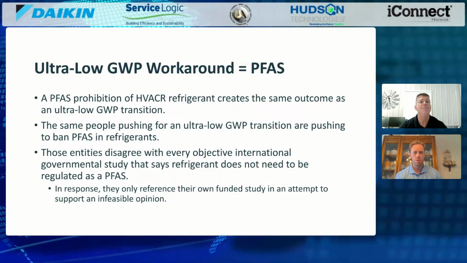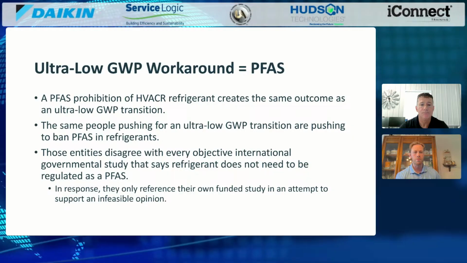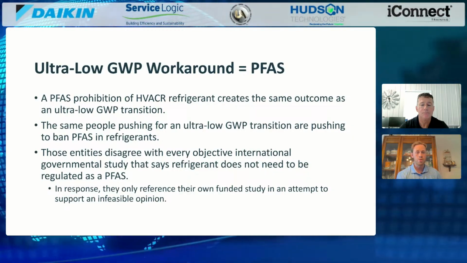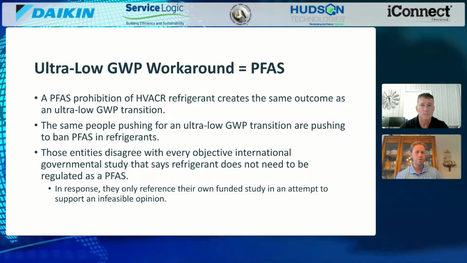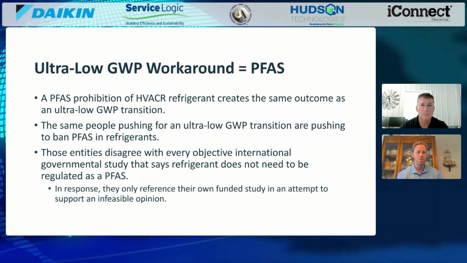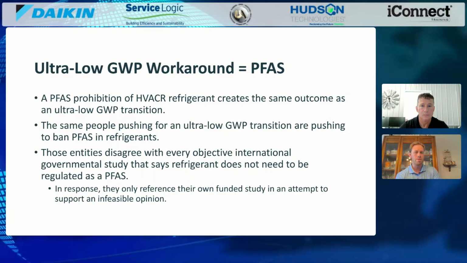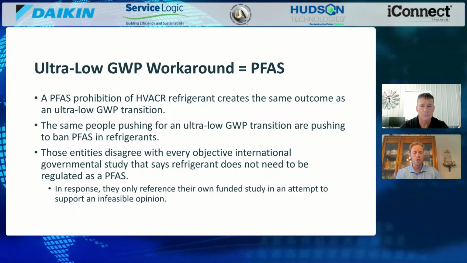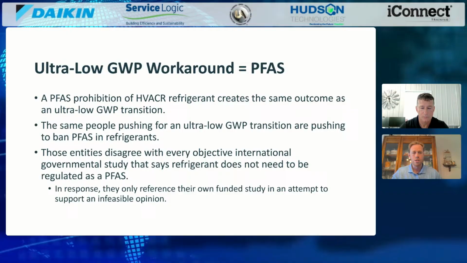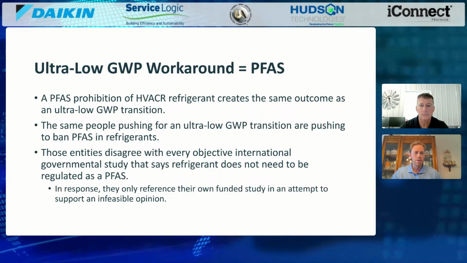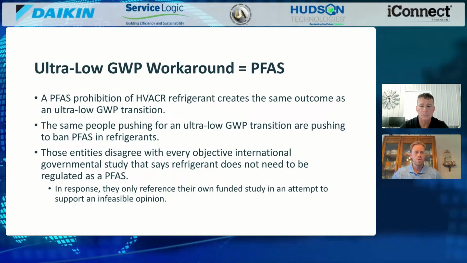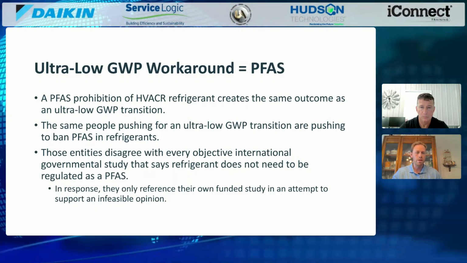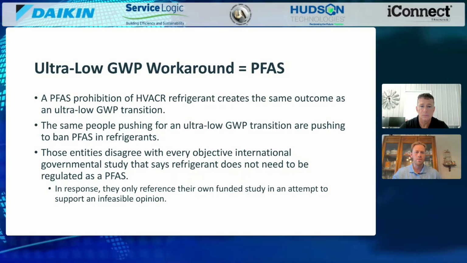And they disagree with every objective international government study that says refrigerants do not need to be regulated under PFAS prohibitions. In response, they fund and issue their own study in an attempt to support some infeasible opinion. Because we're talking about the UN, the EU REACH, EPA SNAP, all of these say refrigerant's not PFAS and should be exempt.